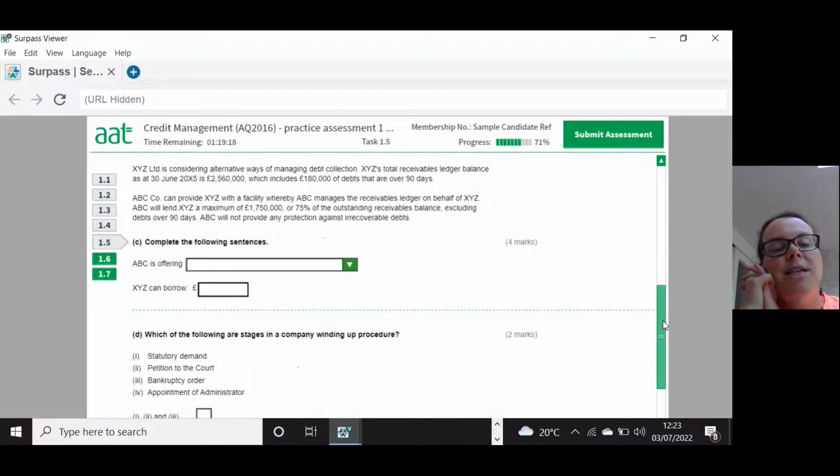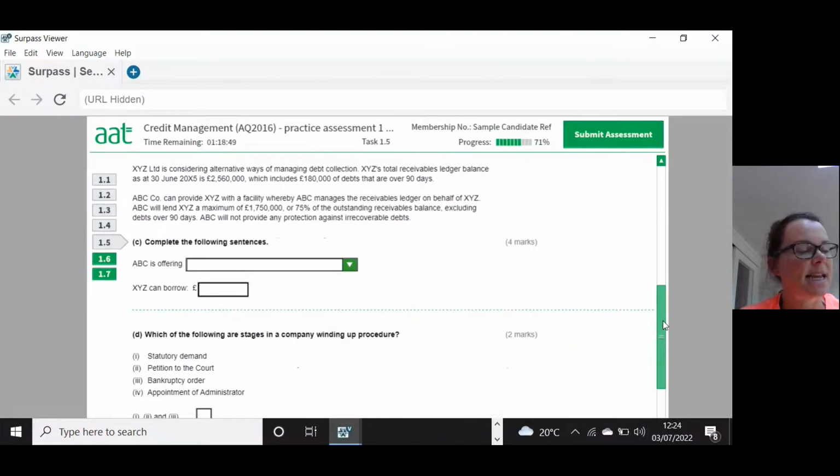ABC can provide XYZ with a facility whereby ABC manages the receivables ledger on behalf of XYZ. ABC will lend XYZ a maximum of 1750 or 75% of the outstanding receivables balance, excluding debts over 90 days. ABC will not provide any protection against irrecoverable debts.